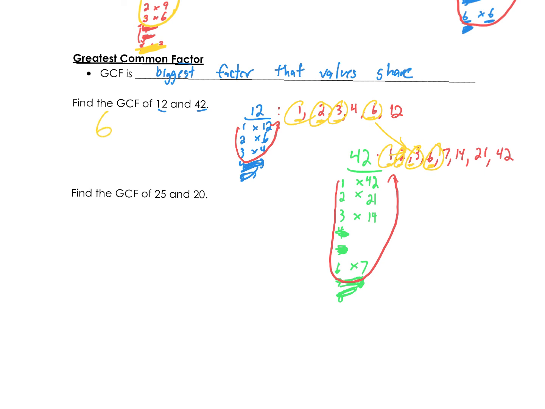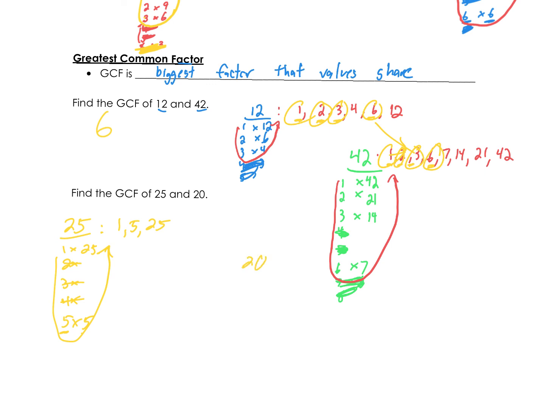Okay, so let's find the greatest common factor of 25 and 20. 25: 1 times 25, 2 times nothing, 3 times nothing, 4 times nothing, 5 times 5. There we have a double. So the factors of 25 are just 1, 5, and 25.